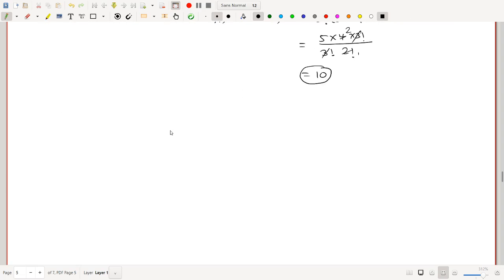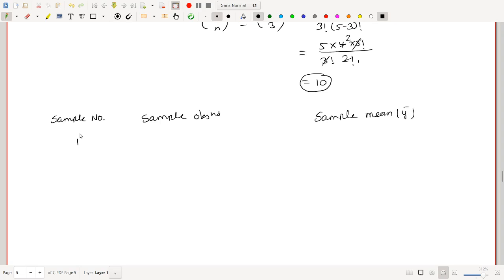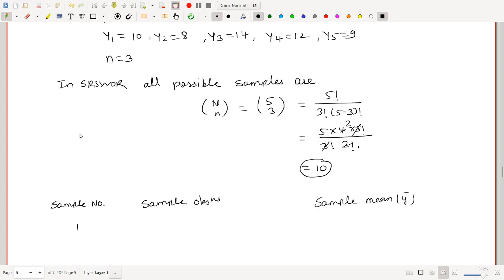Make one table. Here, sample number, sample observations and sample mean. We want to write all possible samples, and there are 10 possible samples. Now first possible sample will be 10, 8, 14.